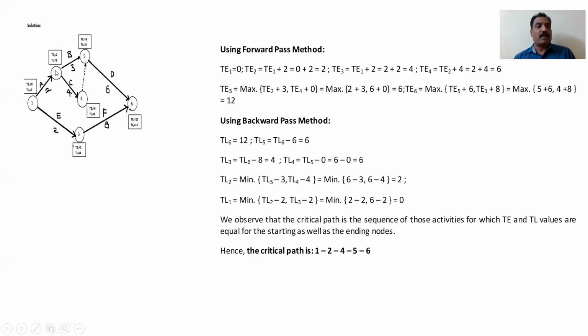So that means 1, 2, 4, 5, 6: 1 to 2, 2 to 4, 4 to 5, and 5 to 6 is the critical path. You can draw a thick line for 1 to 2 and 2 to 4 to represent the critical path. The dummy is anyway there. In terms of activities, you can say A to C, C to dummy, then D, like that.